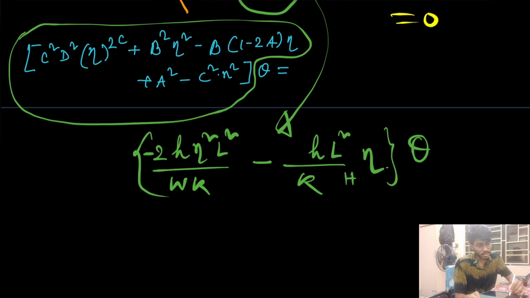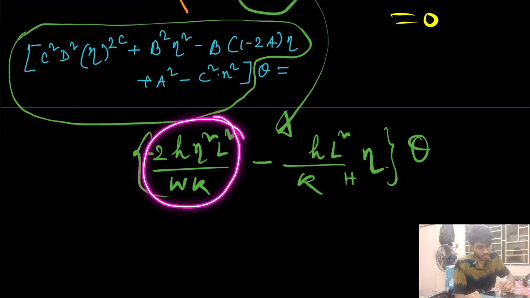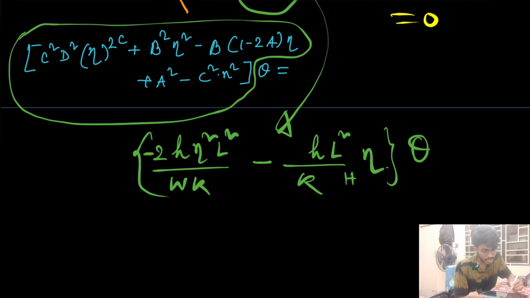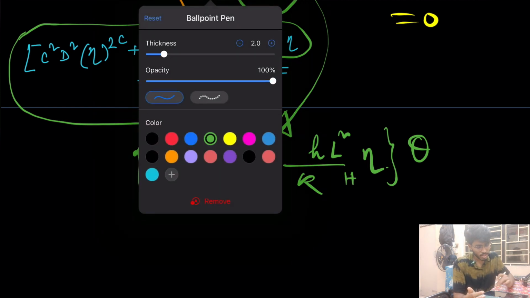So if I compare this term here, firstly this is equal to 0, this is equal to 0, clear? Then what else am I having?